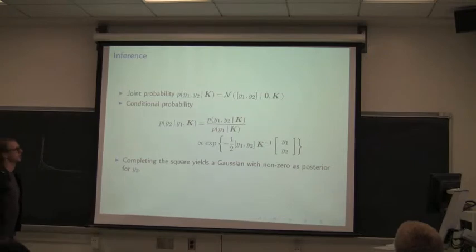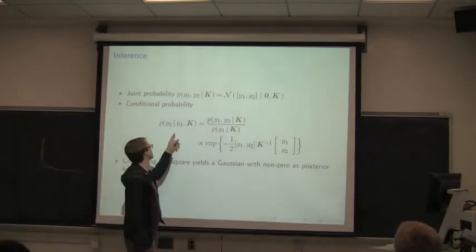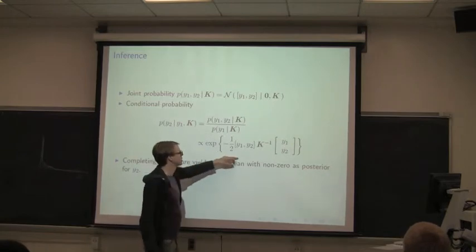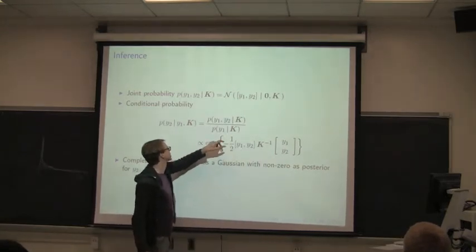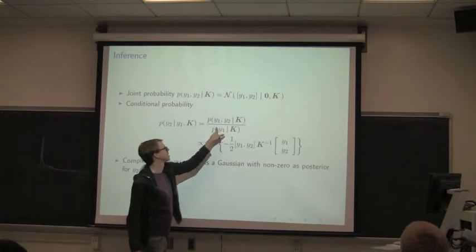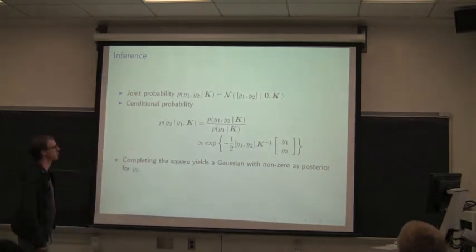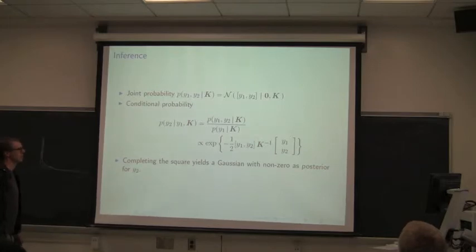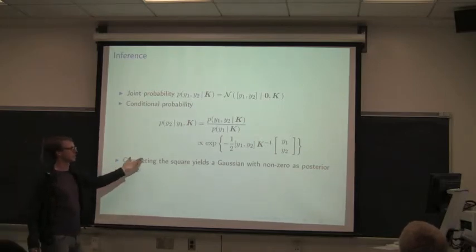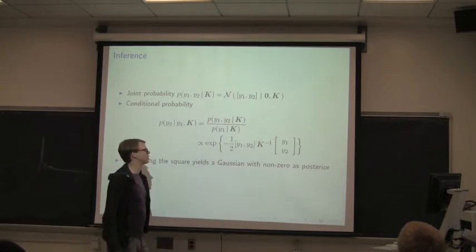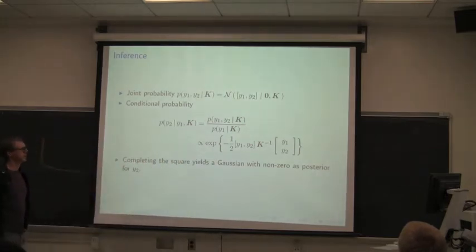Because we want the distribution of y2 and the distribution is Gaussian, we only need to look at the part that contains y2. This one doesn't contain y2, so we can ignore the marginal distribution of y1. And then use completing the squares in order to get the distribution of y2 given y1.